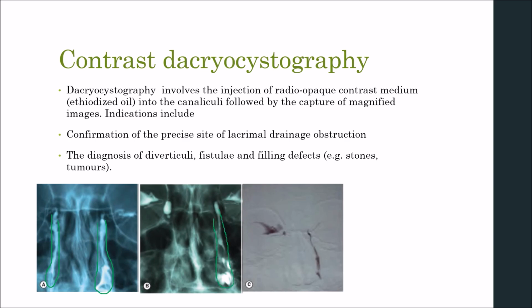Normal. But there is obstruction at the junction of the right sac and the nasolacrimal duct, and the radio-opaque material is not moving forward. When the digital subtraction DCG is done, it is showing the similar results. The left side has complete filling while the right side shows the obstruction.